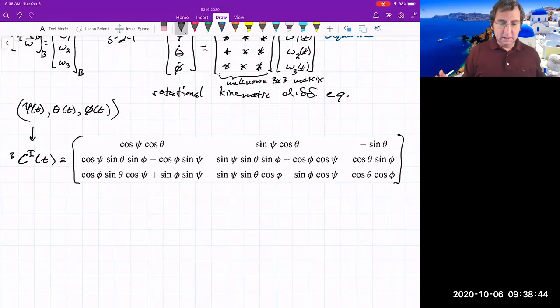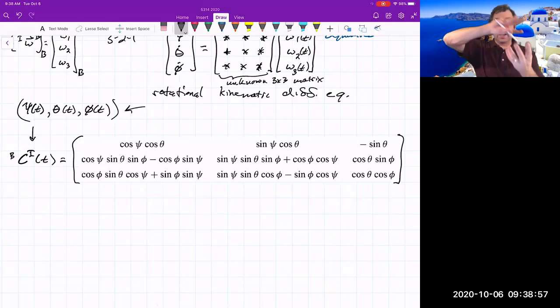Sometimes people just leave it as, well, once you know the Euler angles, you're fine. But if you want to do any kind of calculations, or especially visualization, you will need this rotation matrix to rotate a body and animate it.